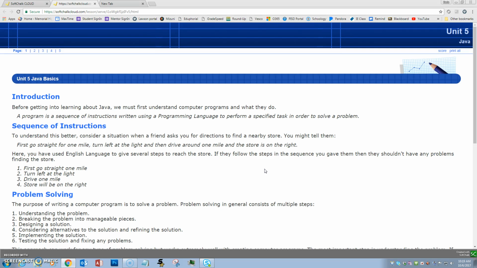Like if you were to give instructions to your friend to go to a store, you might say first go straight 1 mile, turn left and at the light, drive another mile, and the store will be on the right. If you don't give them the directions in the right order, then they're not going to find the store that they're looking for. So it's very important that you follow the sequence like you're supposed to.